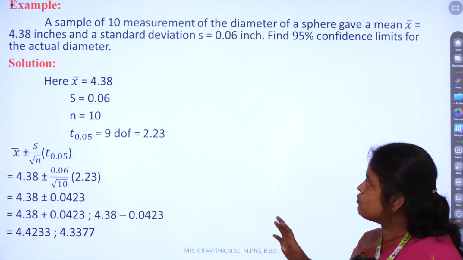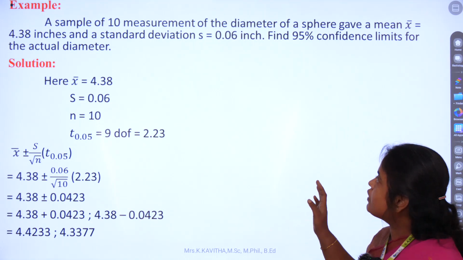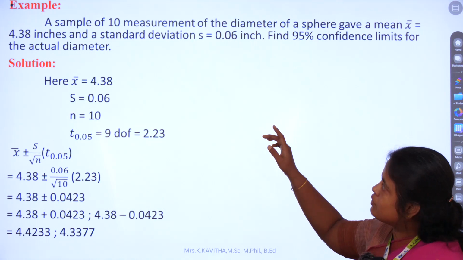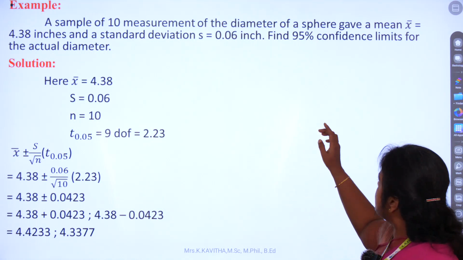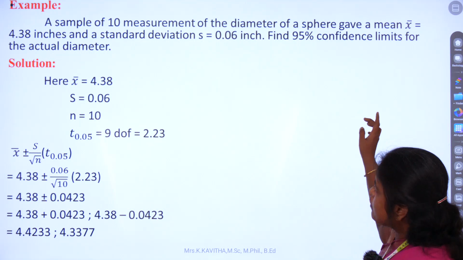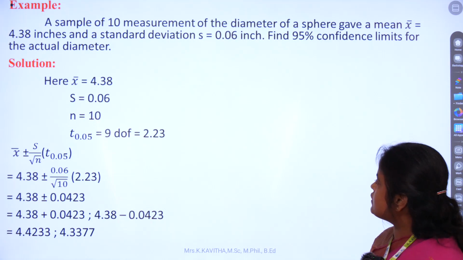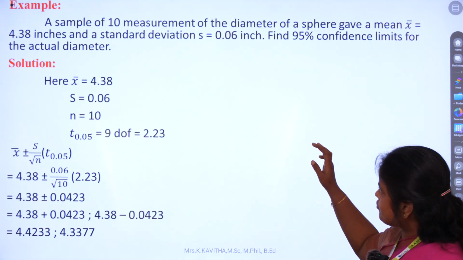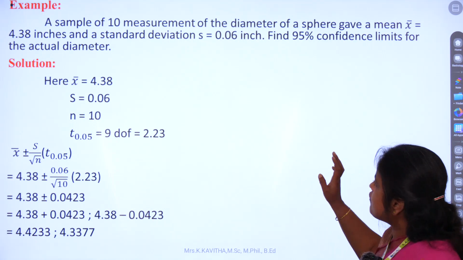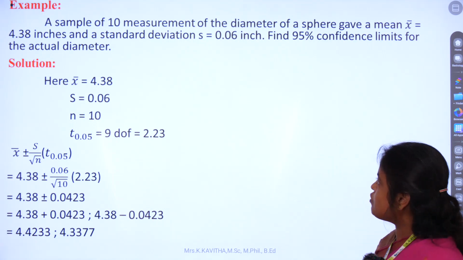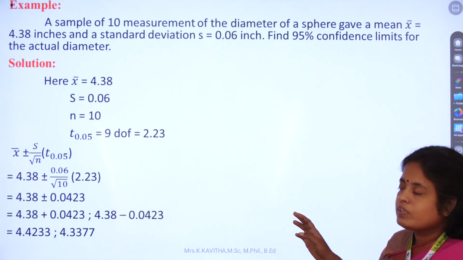First we have to analyze what data are given in the problem. The sample is given, so n equal to 10, and the mean is given, x bar equal to 4.38, and the sample SD s equal to 0.06. We have to find the 95% confidence limit.